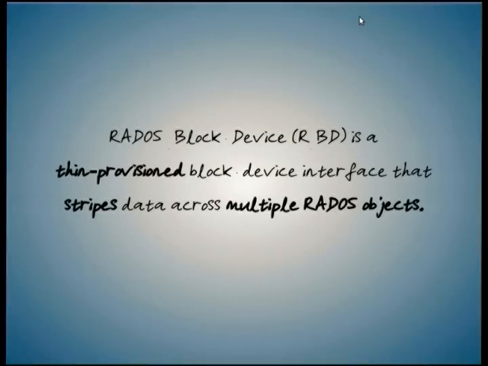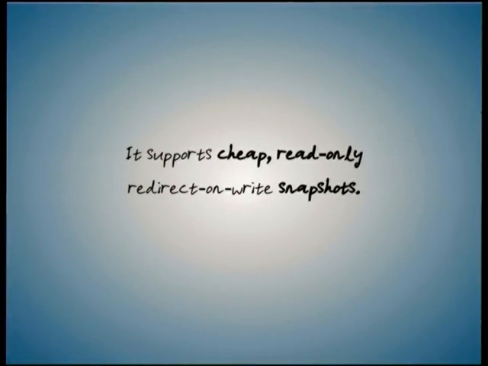So we have a block interface. Everything that we write to this thing gets striped across multiple RADOS objects in the cluster. All of the distribution and replication, HA and whatnot, happens at the RADOS level. RBD doesn't have to care about this, which makes it a very, very thin client layer on top of RADOS, compared to having to do everything in regards to replication and HA.